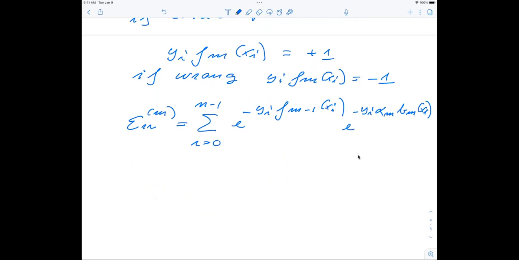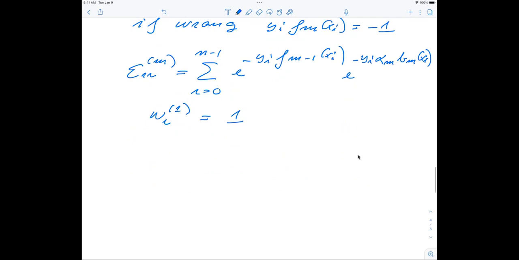So I'm going to define now, just for ease, a parameter w i for the first iteration, which is just equal to 1. Later, we are just going to put this one equal to 1 divided by n, so that every parameter has the same weight in the beginning. What we can do then is, for these iterations n larger than 1, we can rewrite everything in terms of this function.